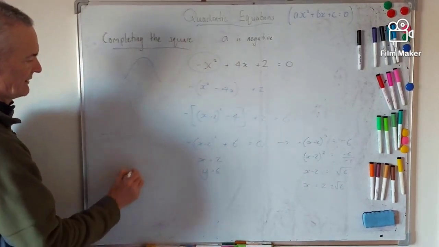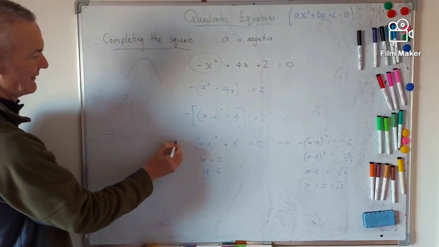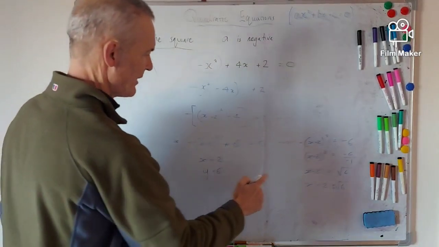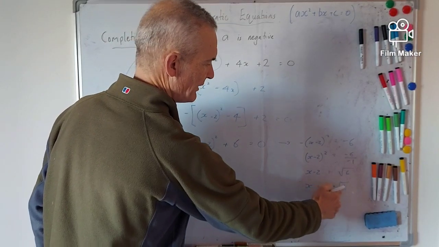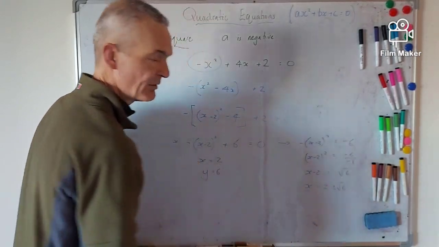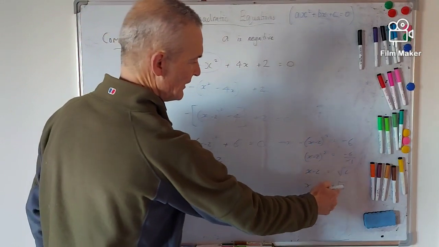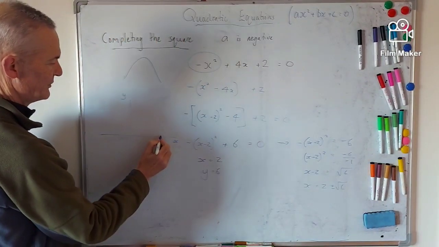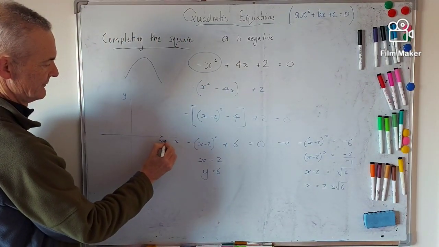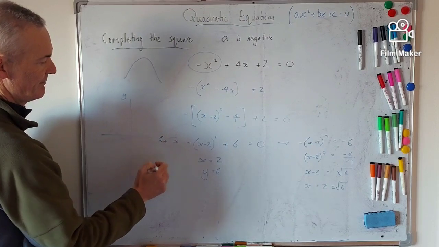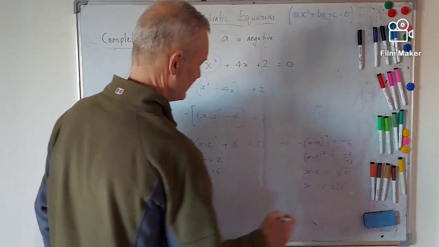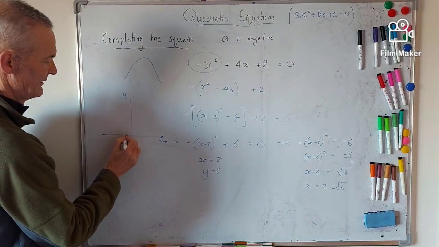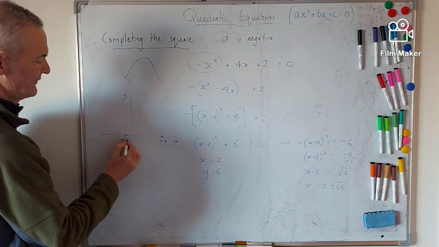If I put my y and x here, we know our solutions are 2 plus root 6. Now root 6 is about 2.4, so that's going to be about 4.4. So we'll have a solution here, and 2 minus 2.4 is going to be roughly -0.4.